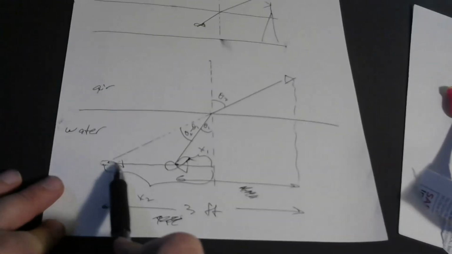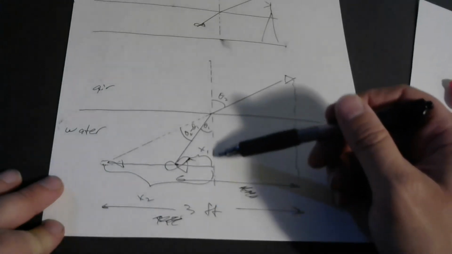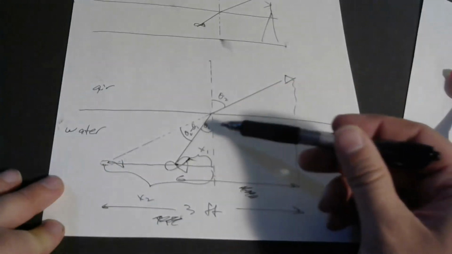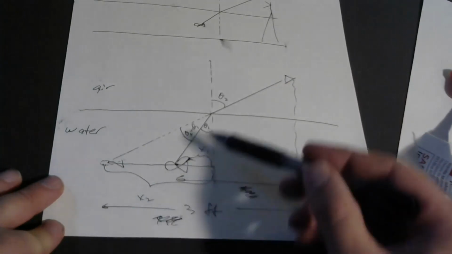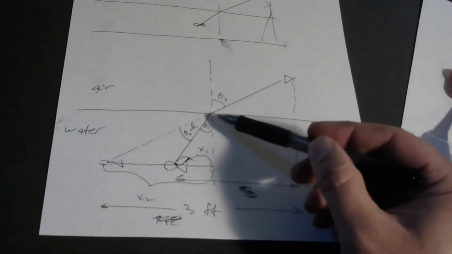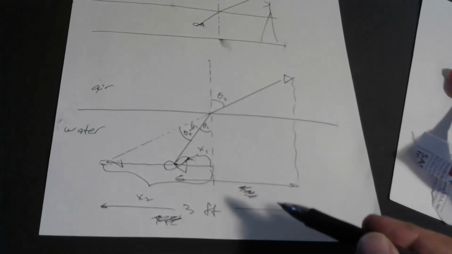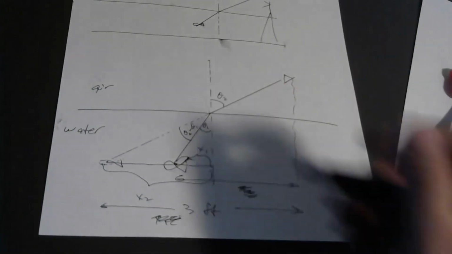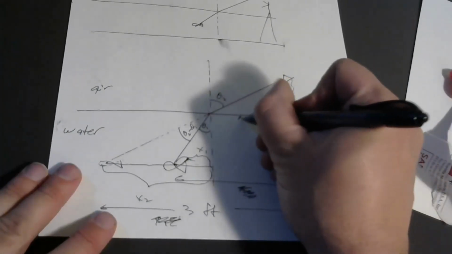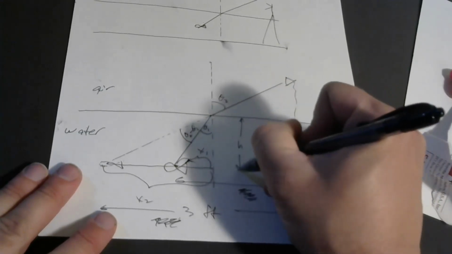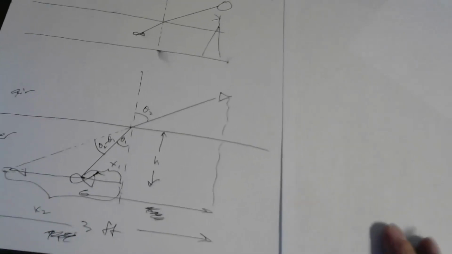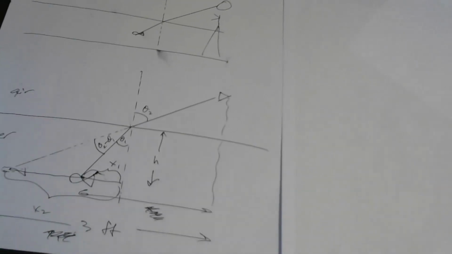So X2 is the adjacent side of this right triangle. And X1 is the side of this right triangle. Probably not adjacent. We'll see which trig function we're going to use. And I'll refer to the depth of the fish as H. Well, it might behoove us to add one more label here.